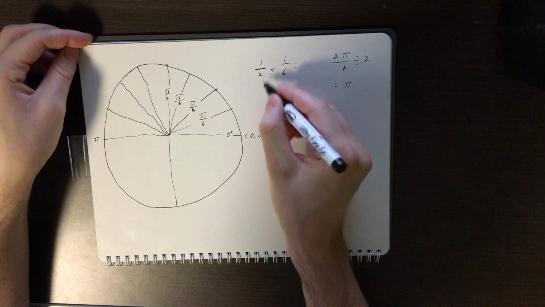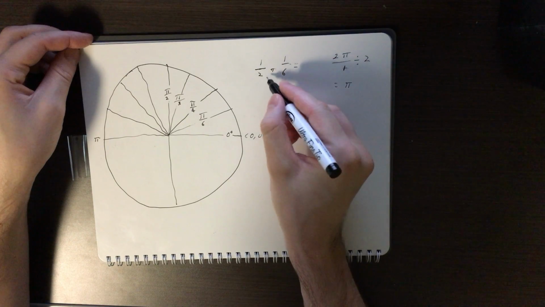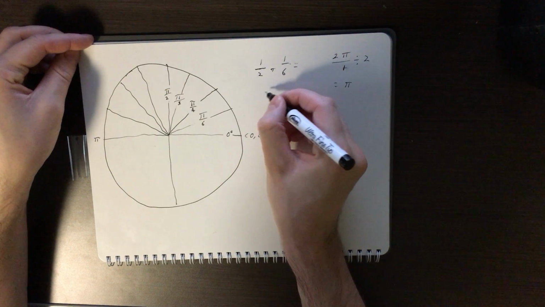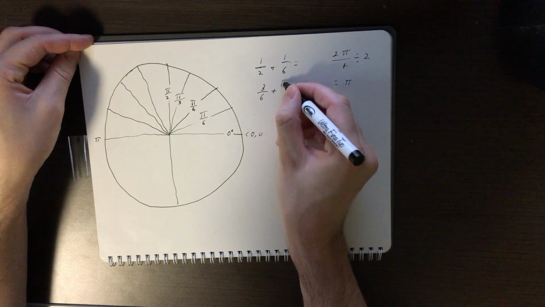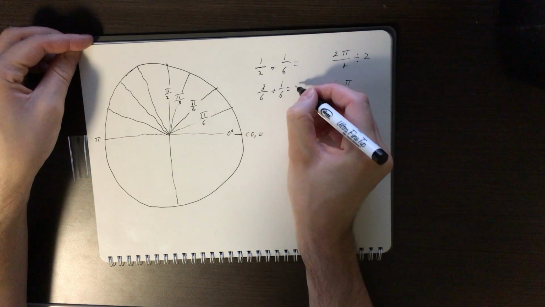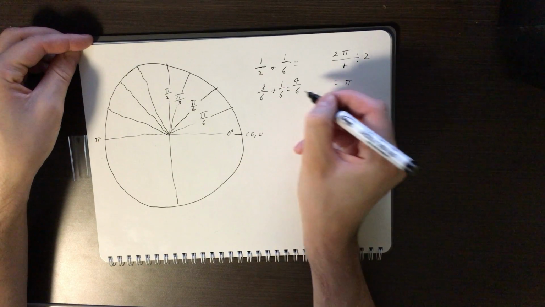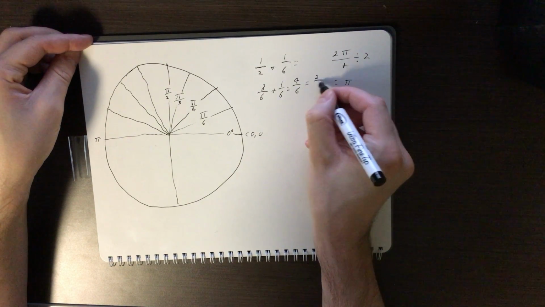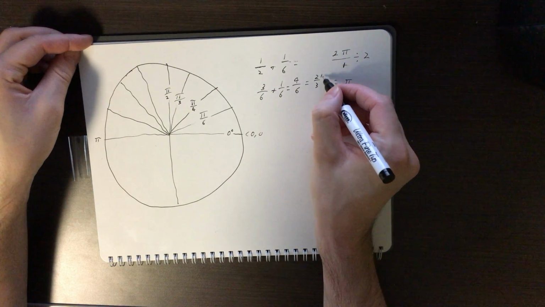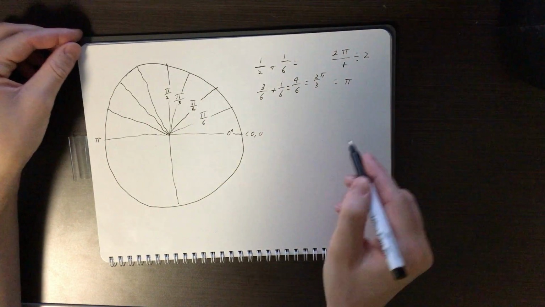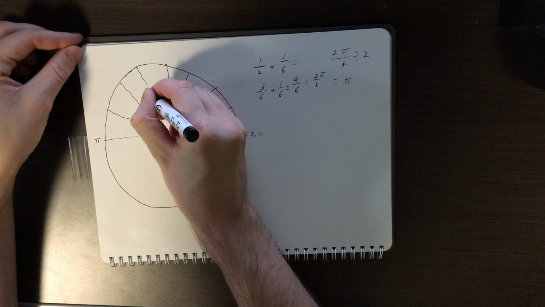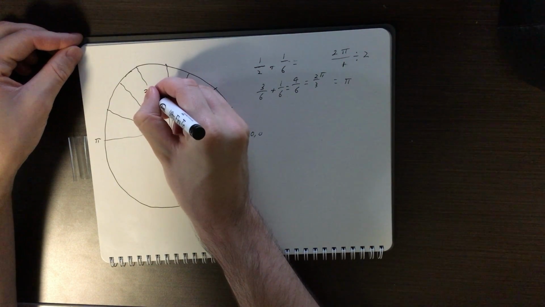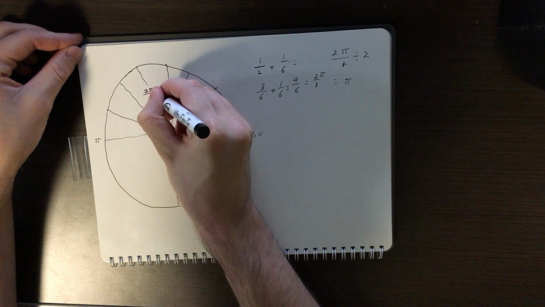Find the lowest common denominator to add these fractions: 3 over 6 plus 1 over 6, and then you get 4 over 6, which simplifies to 2/3, and then tack on the pi. So now you have your 2/3 pi, or 2 pi thirds, sorry.